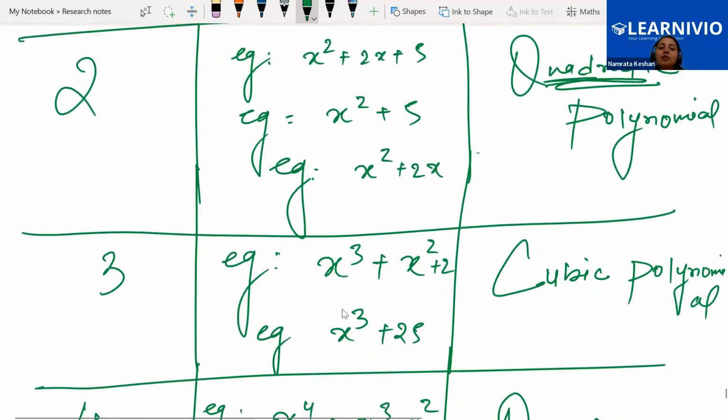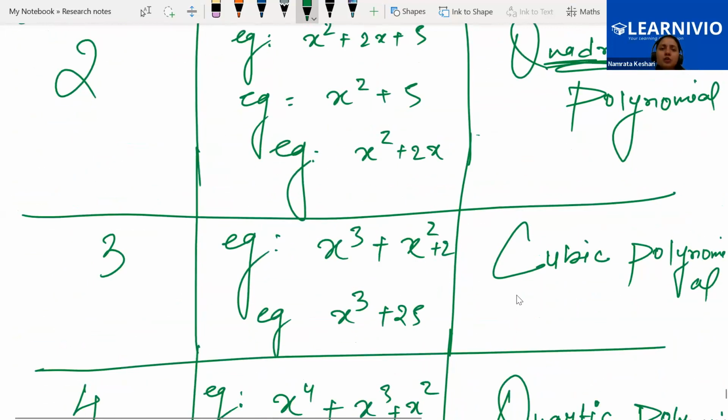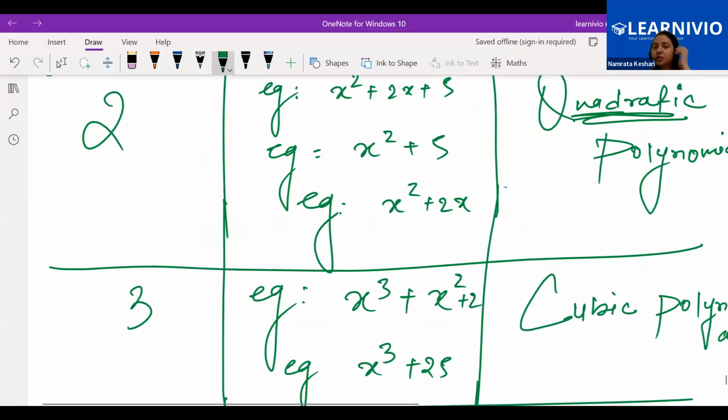When the degree of the polynomial is 3, you will be able to recall cubic polynomial, because you have done the cube root chapter. Right, Sara? Previously, in the previous class, square root and cube root chapters were there, right? So you will be able to connect that 3 means cube.